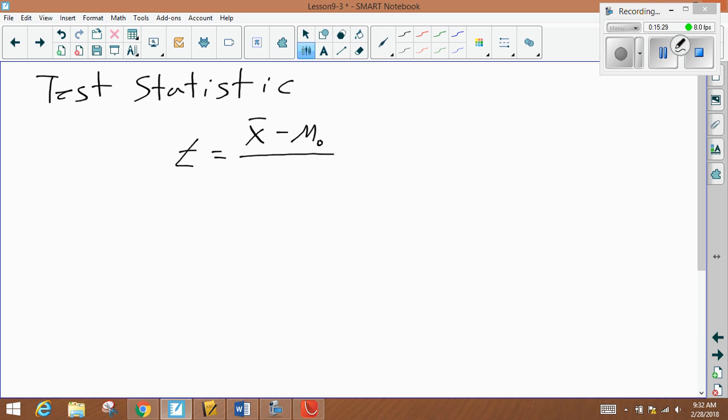And what is our standard deviation that we use? It is sigma divided by square root n. Sorry.